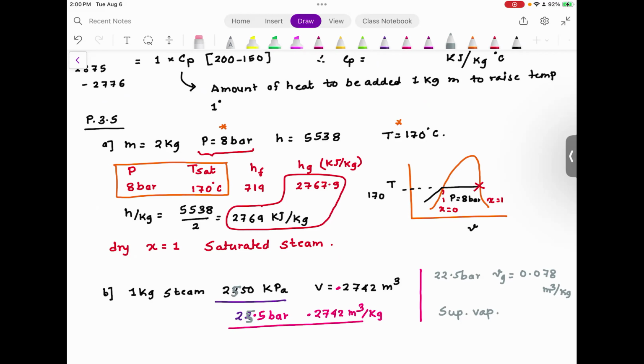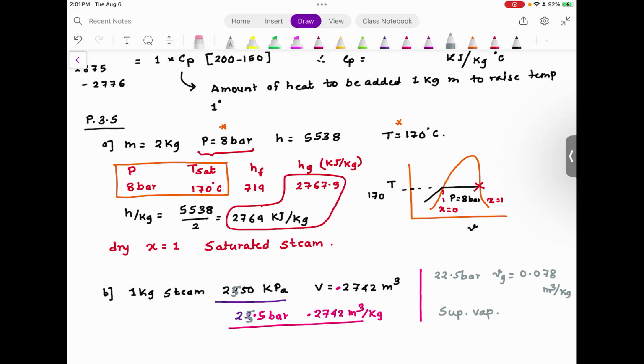You go to 25 bars, it goes to 30 bar, and then what you notice is they have not given the specific volume, but they have given density. So you have to invert it. Let me see the PS diagram. The PS diagram is also given in terms of density.